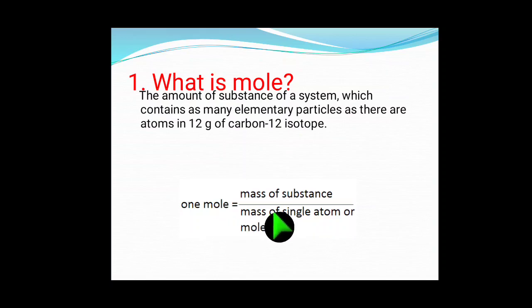The 1 mole equal to mass of the substance divided by mass of single atom. That formula we can use for any substance or any compound.